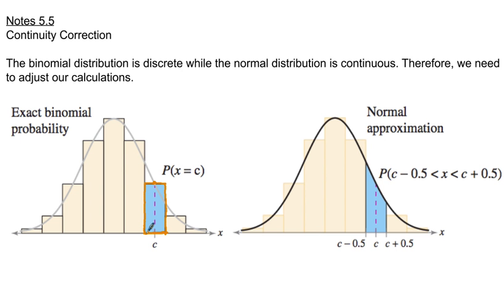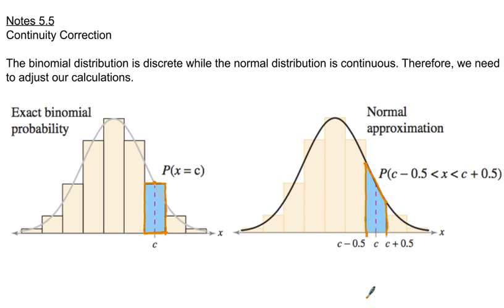Now, for the normal approximation, we're finding the area under the normal curve, just like any other normal probability problem, and that area is not a nice rectangle.